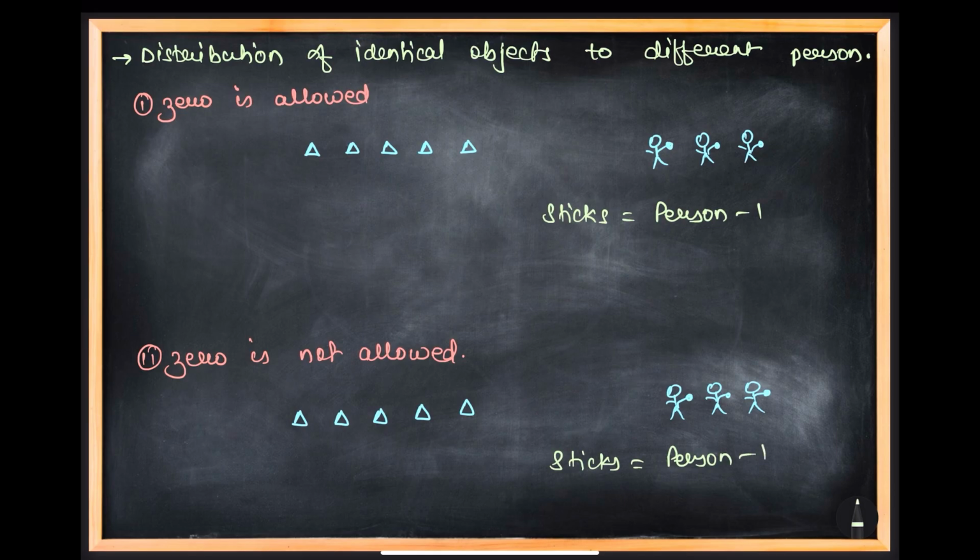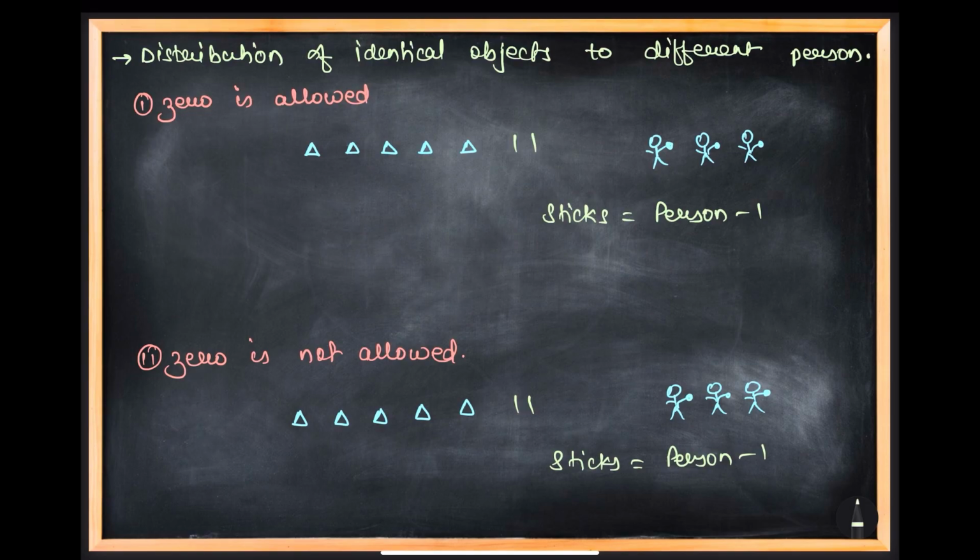Now look at this. You know that here 0 is allowed. So you have asked me for 2 sticks because the number of persons is 3. Now, because of these sticks and the samosas, right now you are having how many things?